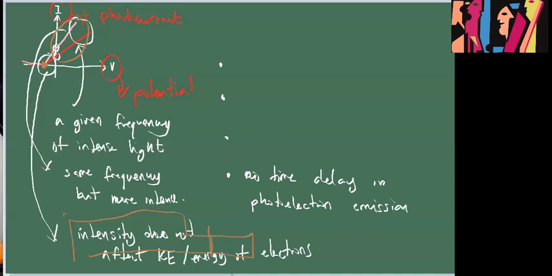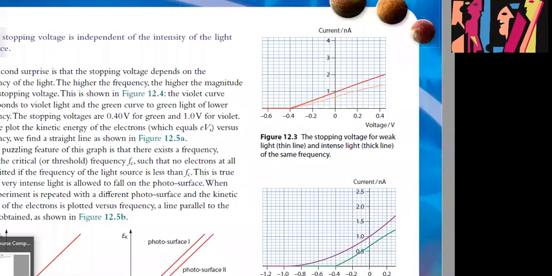What this means is the instant that you put in your light, your radiation acting on the metal, the photoelectrons are immediately emitted.